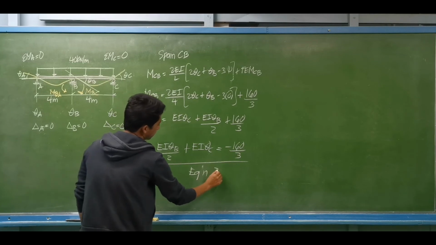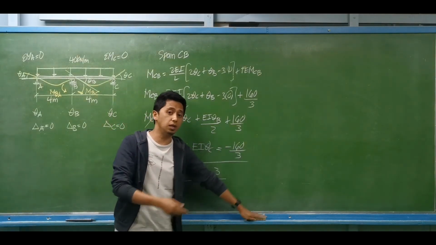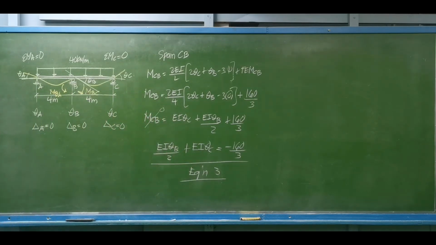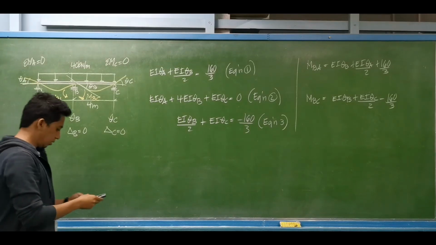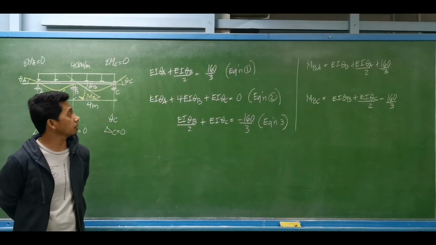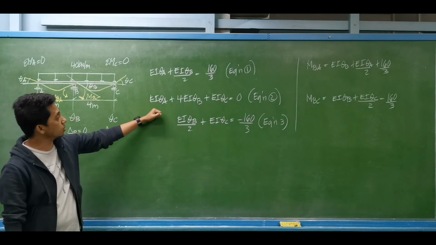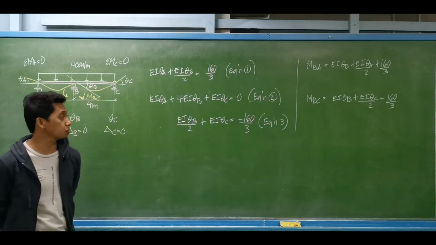Okay, equation number 3. Let us recall the two other equations earlier to compute for these unknowns. Equation 1: EI theta A plus EI theta B over 2 is equal to 160 over 3. Second equation: EI theta A plus 4 times EI theta sub B plus EI theta sub C equal to 0.